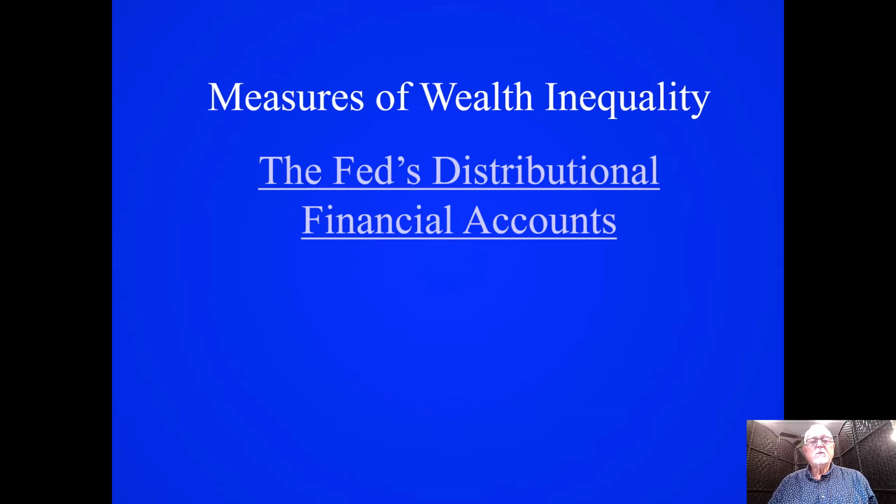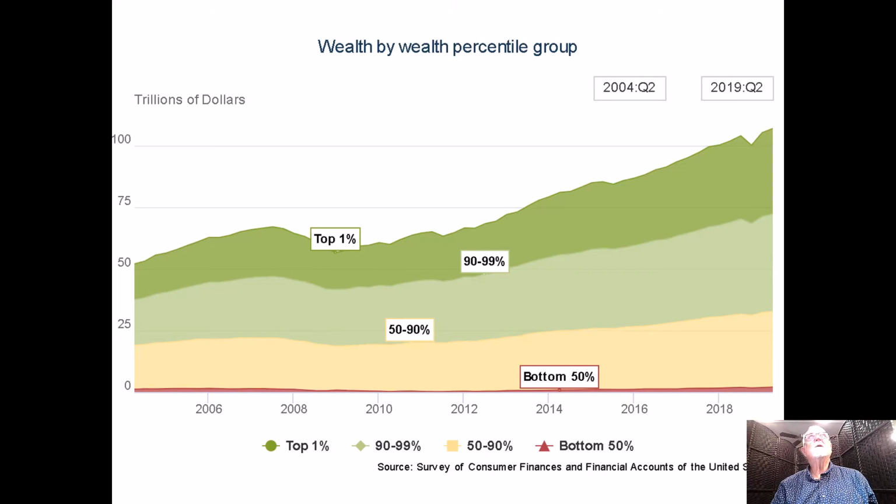Now, there's also attempts to measure wealth inequality, the ownership of assets, things of value that we own. The Fed has a distributional financial account that they keep. This is just the data over time, up until about 2019.